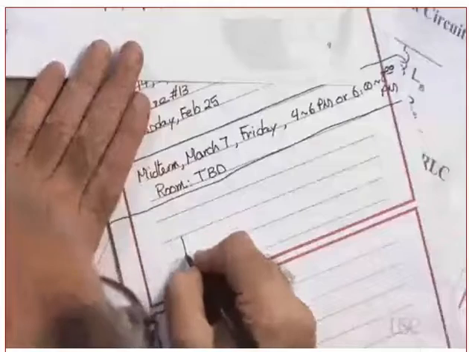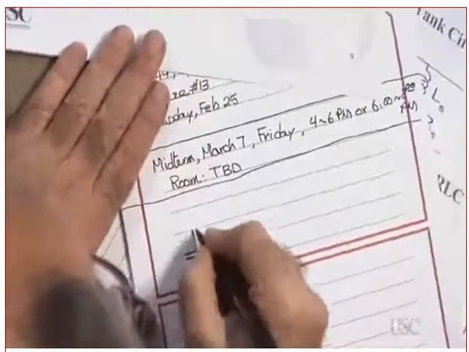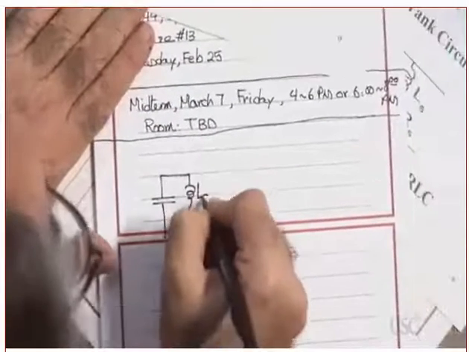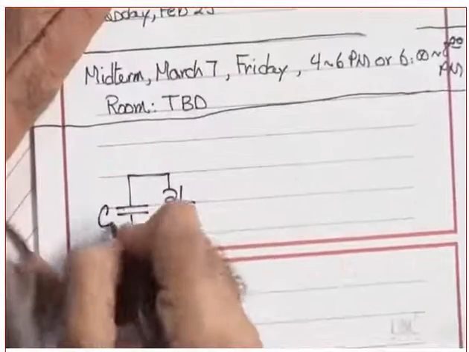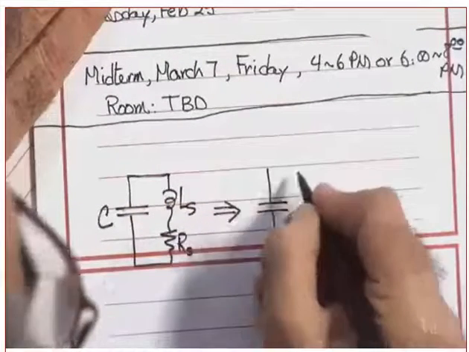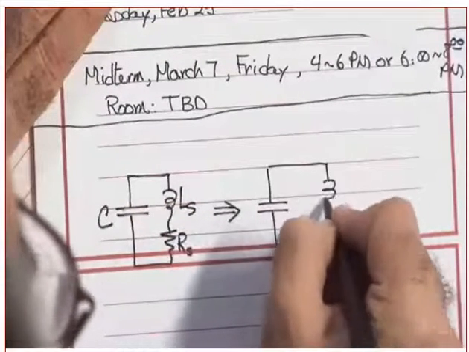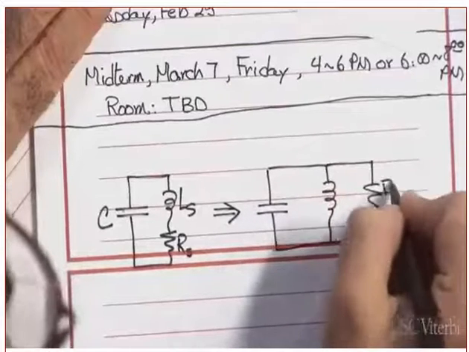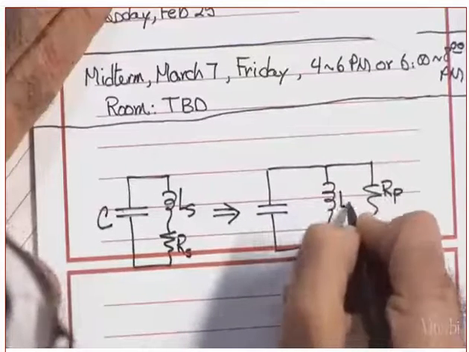Okay, so let's do this quickly. This is LS, this is RS, this is C, and I want to transform it into this: this is RP, and this is LP.